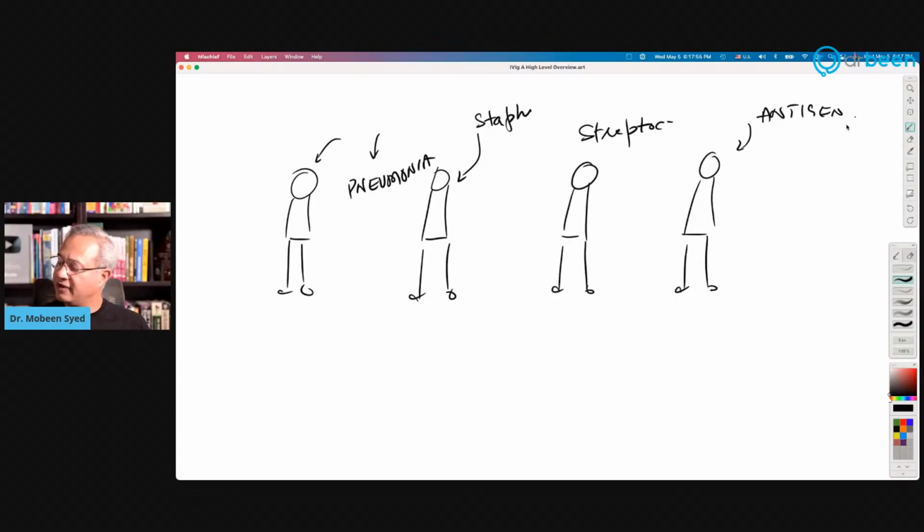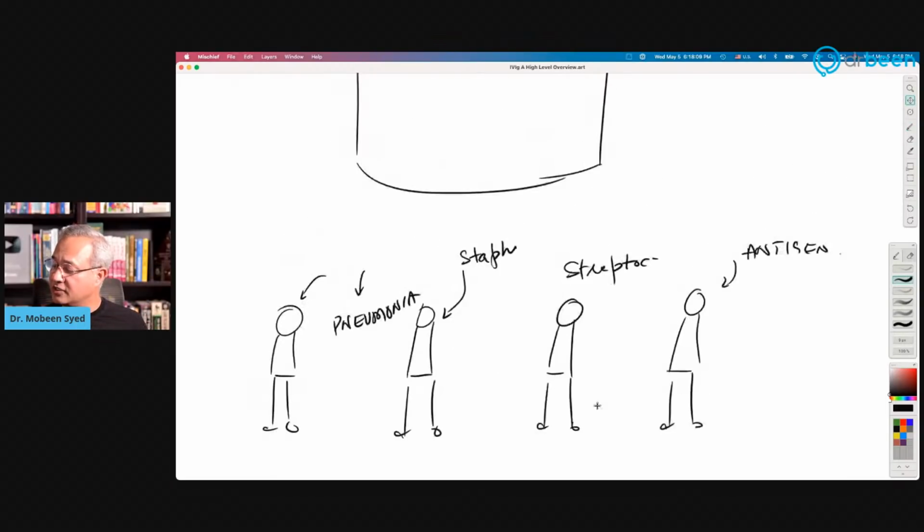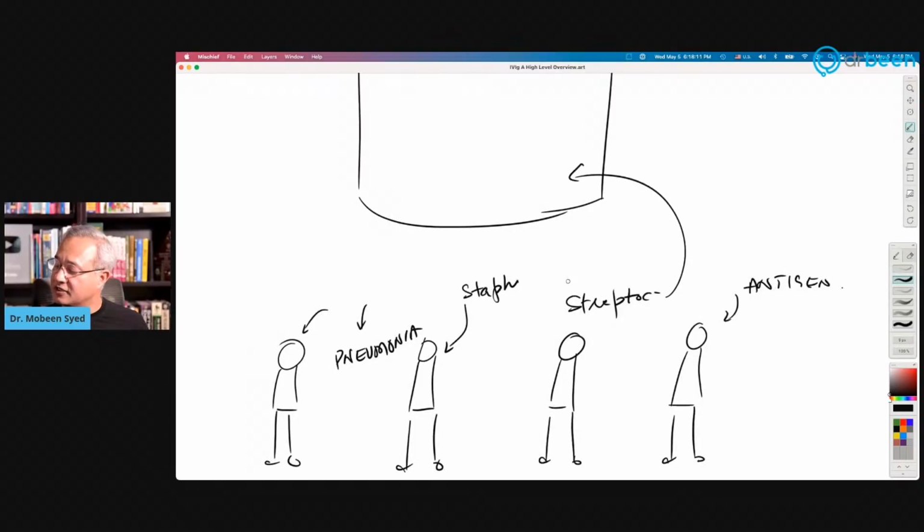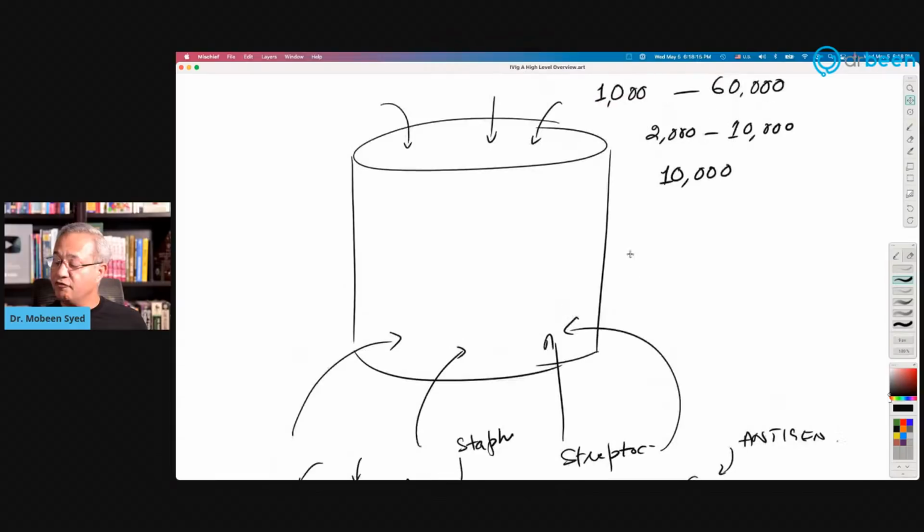So here we have various people, 10,000 people. They have various kinds of exposures and diseases, against which they have made their own IgGs. And what we do is we take their blood and put that in here. So imagine now there are 10,000 possible variations and different kinds of IgGs.